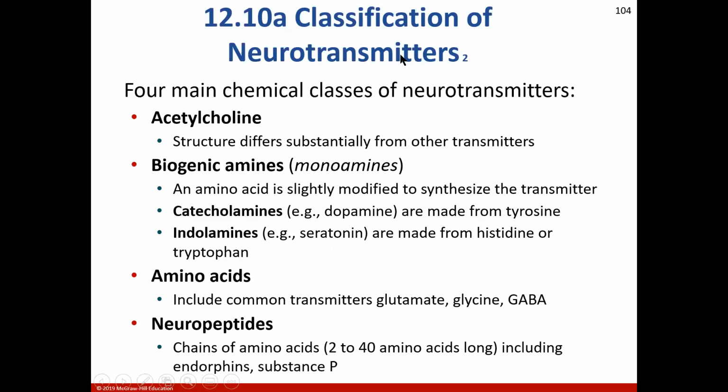So here we go. We're going to talk about neurotransmitters specifically now and what they're made of. This is kind of important because after we do neuro, we're going to talk about hormones. And hormones are chemically similar to neurotransmitters, but it's more important what they're made of when you talk about hormones than it is about neurotransmitters.